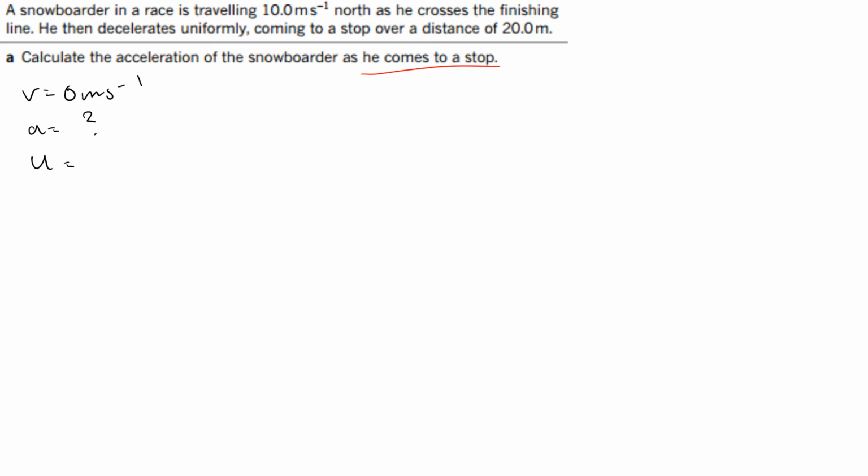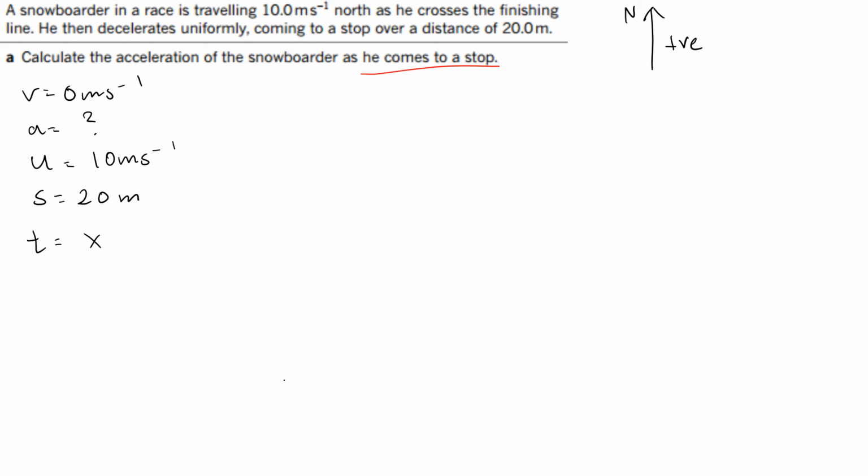Usually in these types of questions, it's handy to label your positive and negative values. In this case, we'll call north positive. We're given displacement, 20 meters, and our initial velocity is 10 meters per second, and we don't have time.